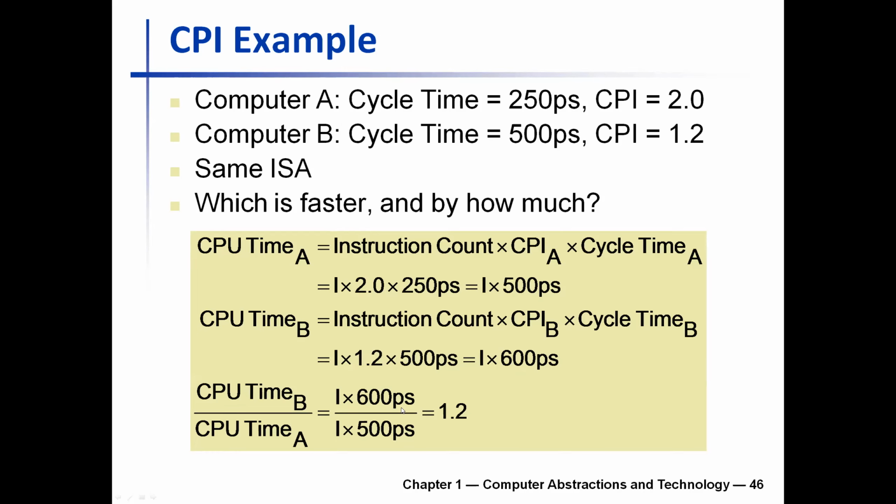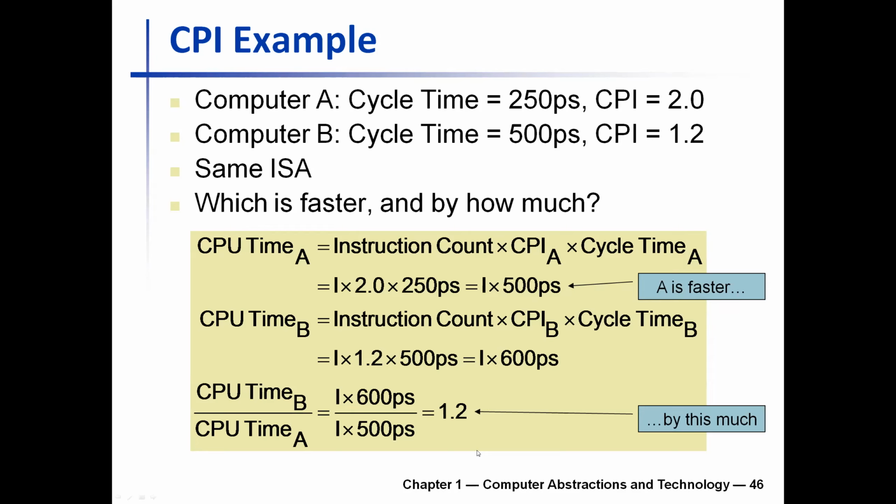So which one is faster? A, right? CPU time for A is the smaller one, so A is faster by that much. A has the lower CPU time compared to B. A is faster by this much.